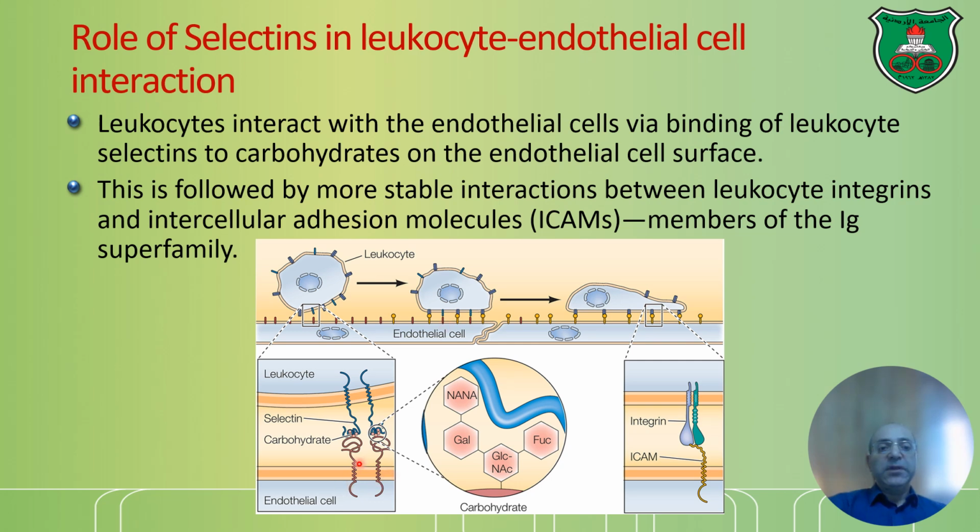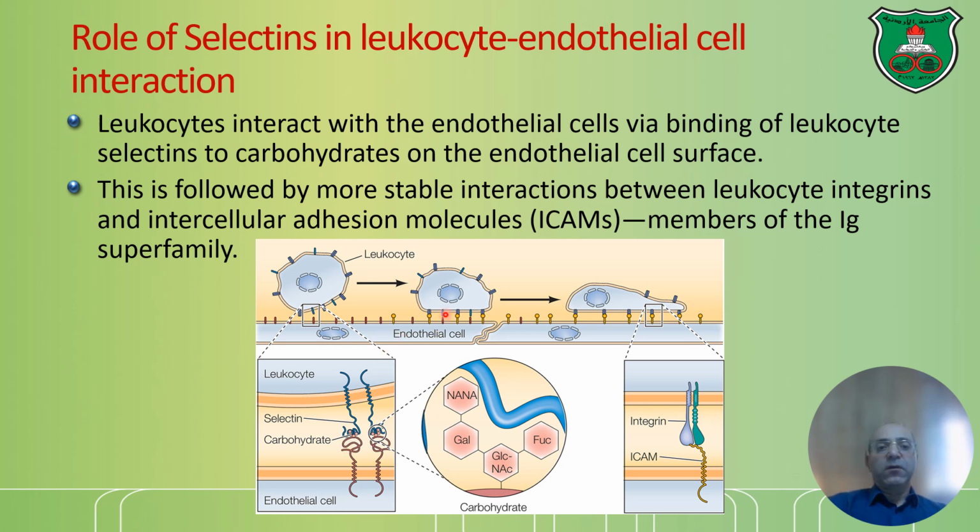So these are glycoproteins on the cell surface, and they are glycosylated. Now, the interaction happens between the selectins on the surface of leukocytes with the carbohydrates on the surface of endothelial cells. These are the carbohydrates associated with the transmembrane glycoproteins.